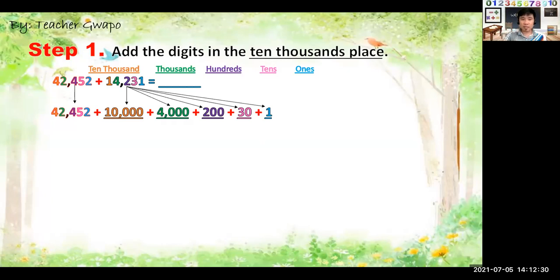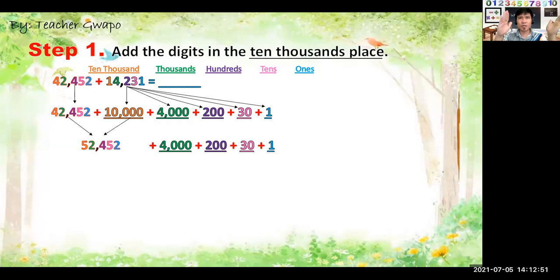We expand. So now you can see that the 42,000 becomes 52,000. Why? Because we add the 10,000s place. So 42,000 plus 10,000 becomes 52,000, right? 42 plus 10 is equal to 52. So that's how to add in our mind. And then we will just put the remaining numbers, 4,000, 200, 30, and 1.